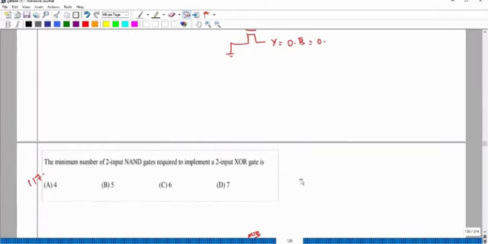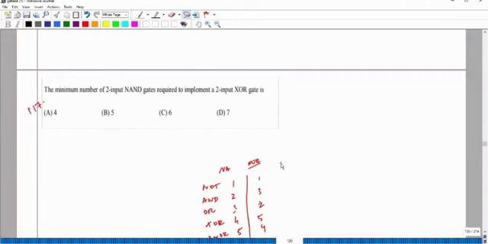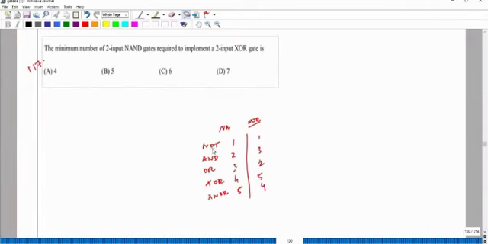The question is what is the minimum number of two input NAND gates required to implement an XOR gate. So you note this formula. If I want to implement XOR gate, it will take 4 NAND gates.